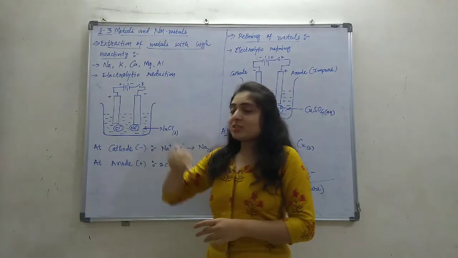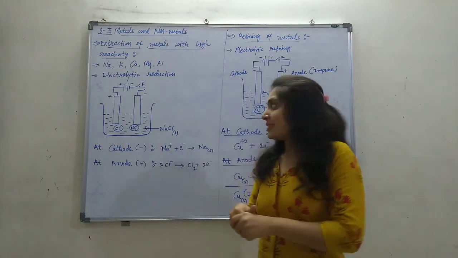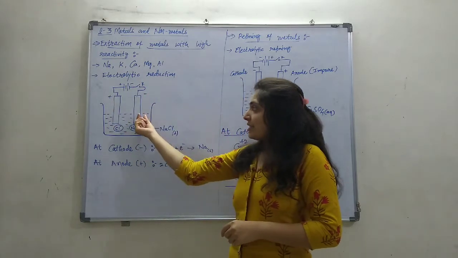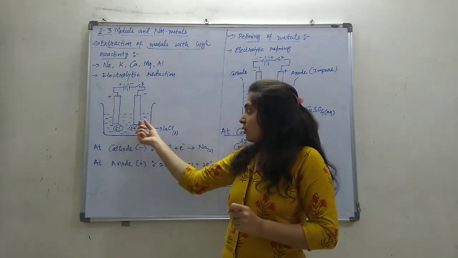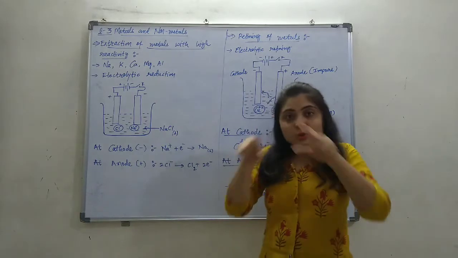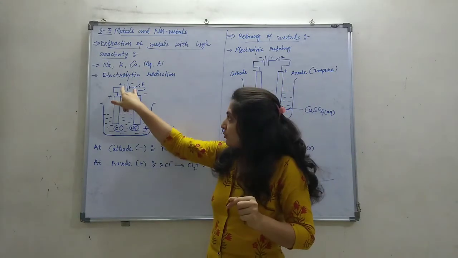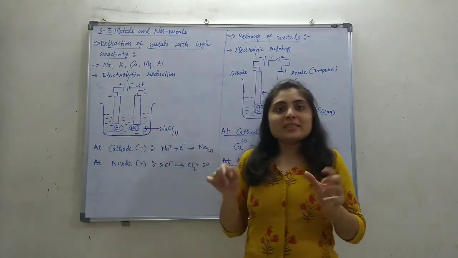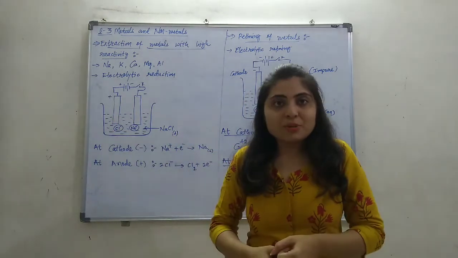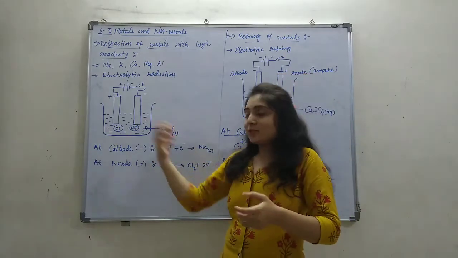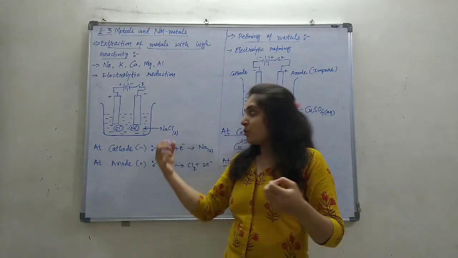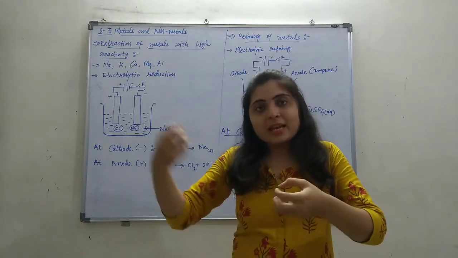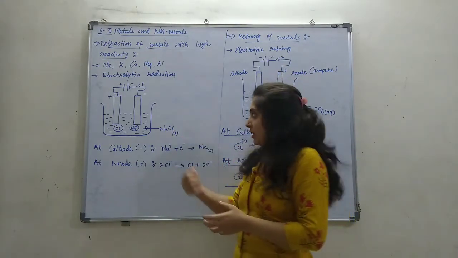What happens when the switch is on for this electrolytic cell? One electrode becomes the positive electrode and the other becomes the negative electrode. In the molten state, due to the current through these two electrodes, the ions of the NaCl molecule will be separated. The NaCl bond will be broken and Na+ and Cl- will be separated.